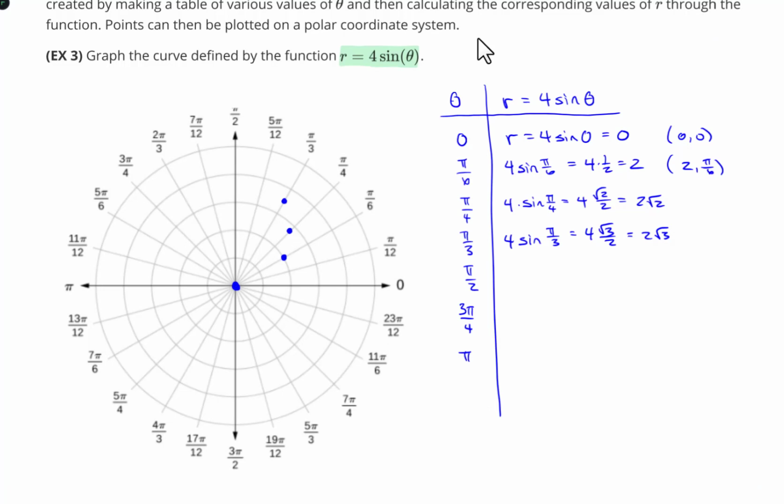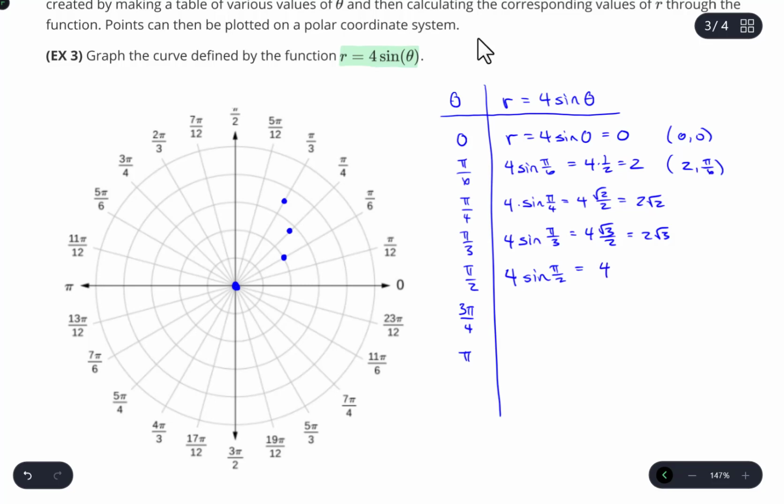Pi over 2, then let's see, so 4 sine pi over 2. Sine of pi over 2 is 1, so this would just be 4 times 1, which is 4. So that's plotted there. 3 pi over 4, that's going to be 4 times, all right, so the y coordinate is positive here, so that's going to be positive root 2 over 2, so 2 root 2.